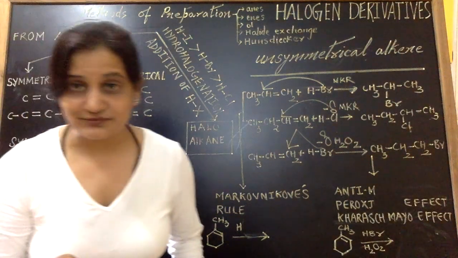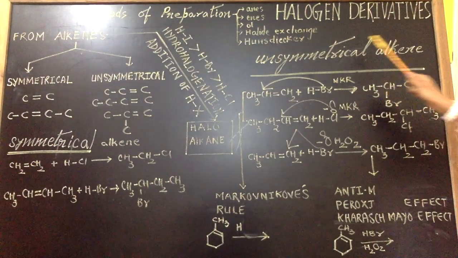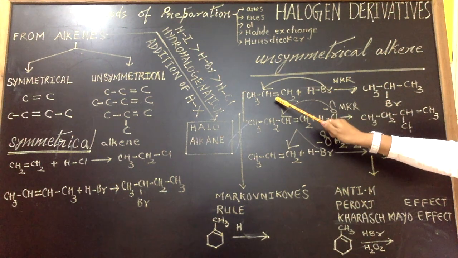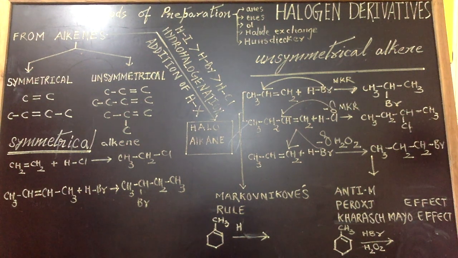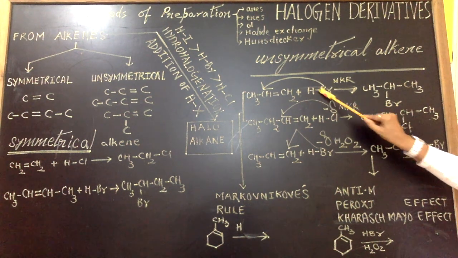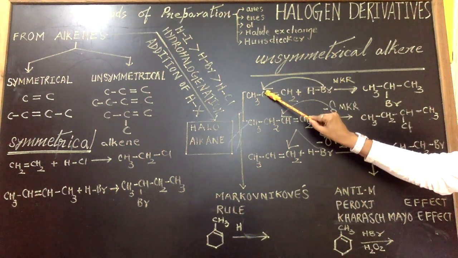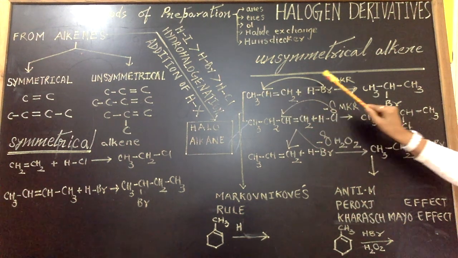Now when we move to understanding the addition across an unsymmetrical alkene, then we find when an unsymmetrical alkene is treated with a halogen acid, then the negative part of the reagent bromide gets attached to carbon having less number of hydrogen atoms.